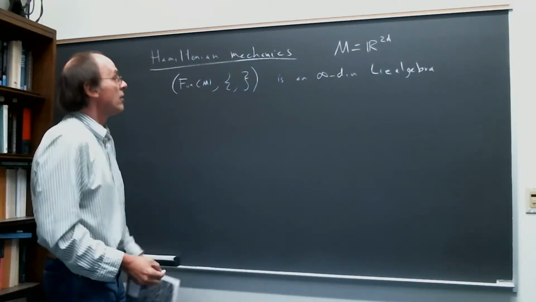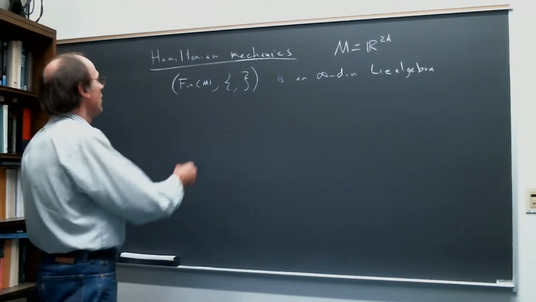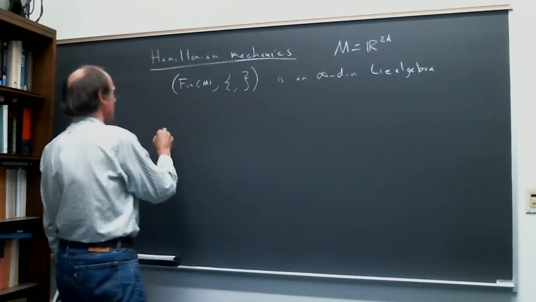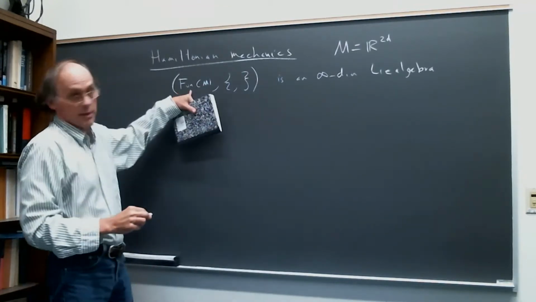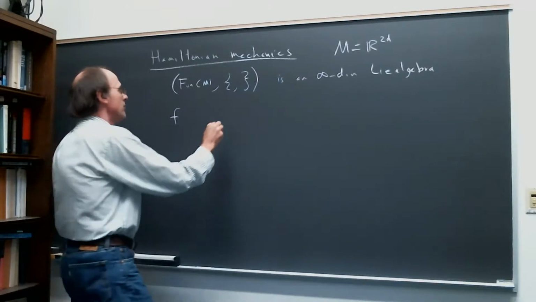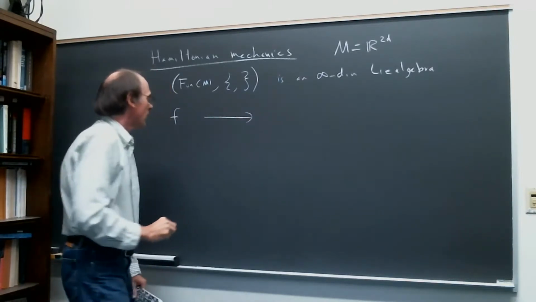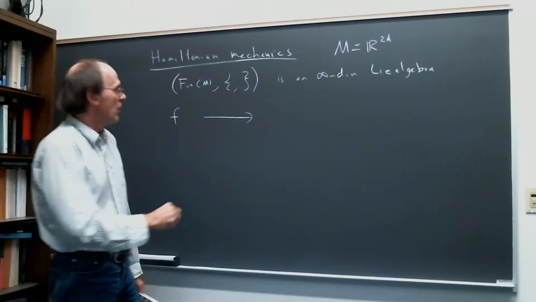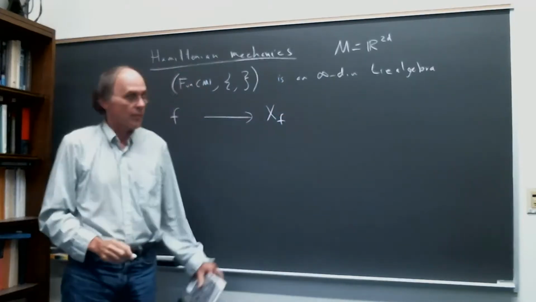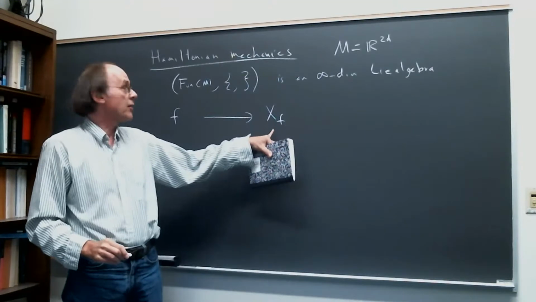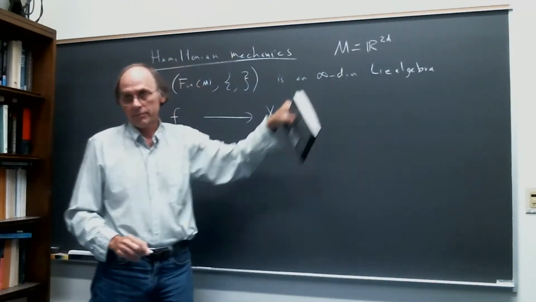And then the interesting thing you could do is, if you had such a function F, you could think about it in a different way. You could create something that I call X_F. I wanted to think of this as a vector field on the phase space.